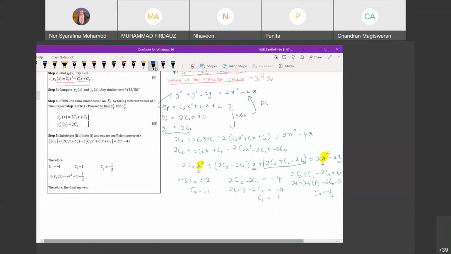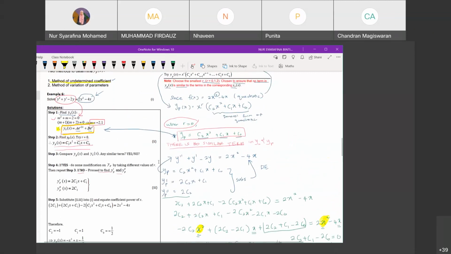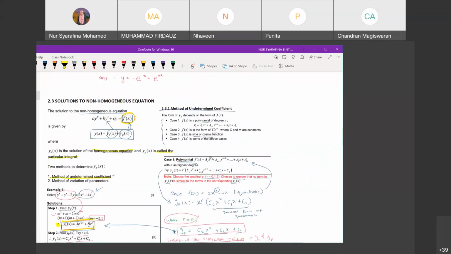Now you have your c2, your c1, and your c0. And remember, your YP is c2x squared plus c1x plus c0. So now your YP becomes minus x squared plus x minus 1 over 2. So this is your YP, and this is your YH. Remember, our final solution should involve both YH and YP.